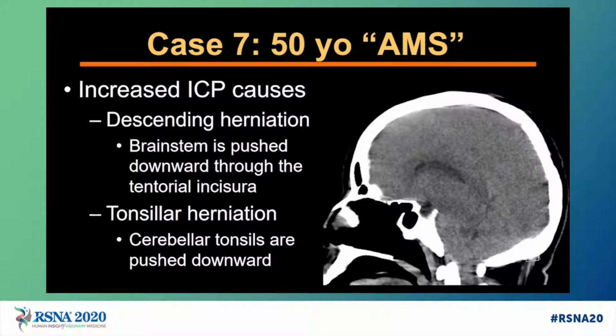Notice that the prepontine cistern is gone, and the quadrigeminal plate cistern posteriorly is nearly completely gone. Notice that the fourth ventricle appears to be compressed, and if you look a little further caudally, you'll notice that the tonsils are starting to move into the foramen magnum, and we're on the point of a tonsillar herniation as well.